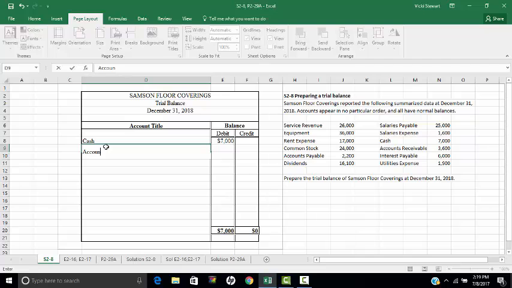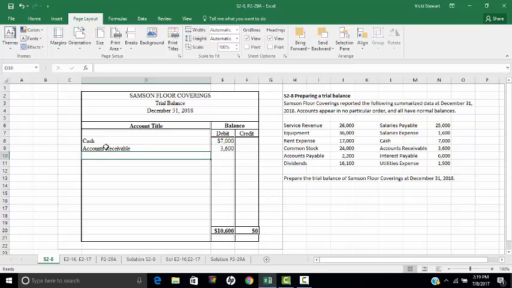Accounts receivable is the next account in the list, and it has a normal debit balance of $3,600. Next, looking down through there, the next asset appears to be equipment. That one will also have a normal debit balance. That appears to be all of the assets listed there.